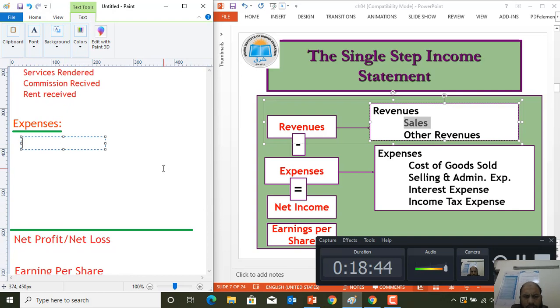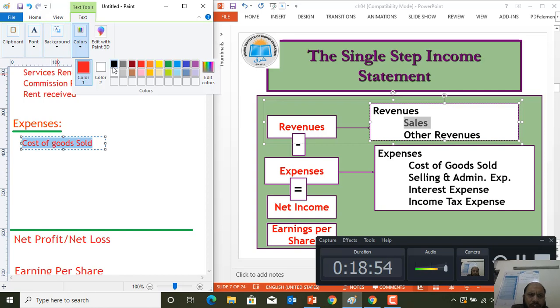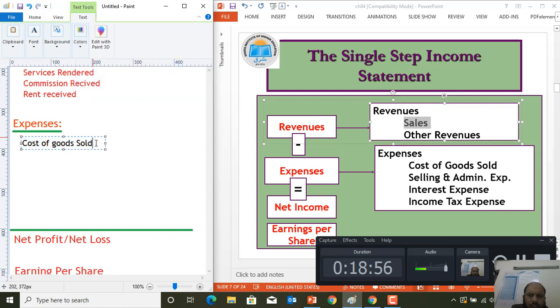Within the expenses account, we have like cost of goods sold. We may also have the others, which are called selling and administration cost.